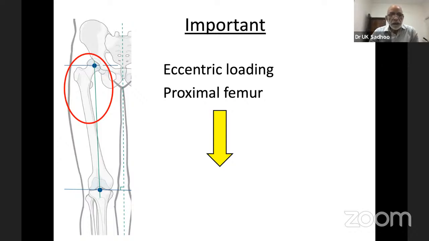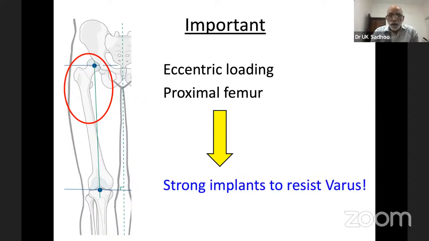And you can imagine if there is a break anywhere here, the tendency of varus is accentuated. Therefore, we need very strong implants to resist the varus forces. It is pertinent to note that you must not accept reduction in varus because that is doomed to failure.